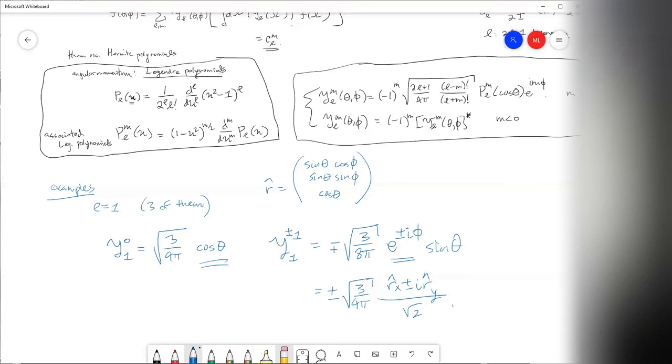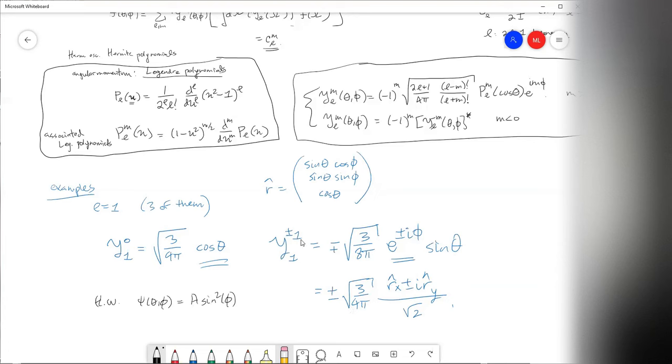This is often what you do when you have any kind of problem, and you'll practice this on the homework. When you have some wave function that depends on angles in some way, like on the homework, a wave function that has some normalization times sine squared phi, what you want to do is rewrite it in terms of the spherical harmonics.